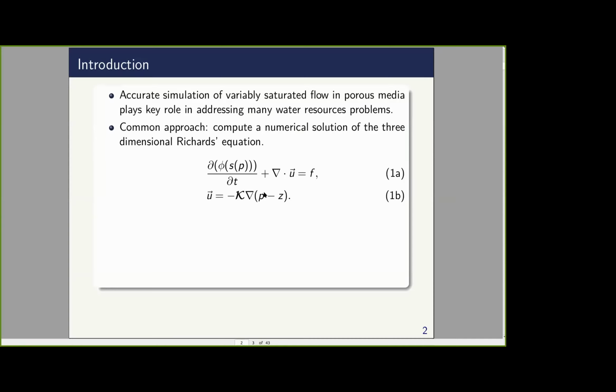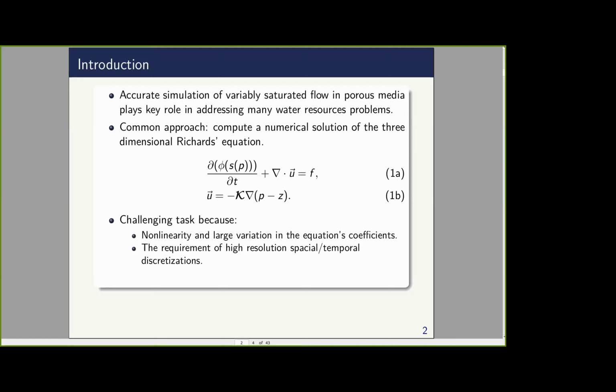Here, of course, you solve for the pressure P, and here you have other variables like the porosity or the saturation of the fluid, but I'm not going into detail for that. Why it's challenging to solve this equation is because it is nonlinear, and this factor here, which is the conductivity tensor, can introduce really large variations in the coefficients.